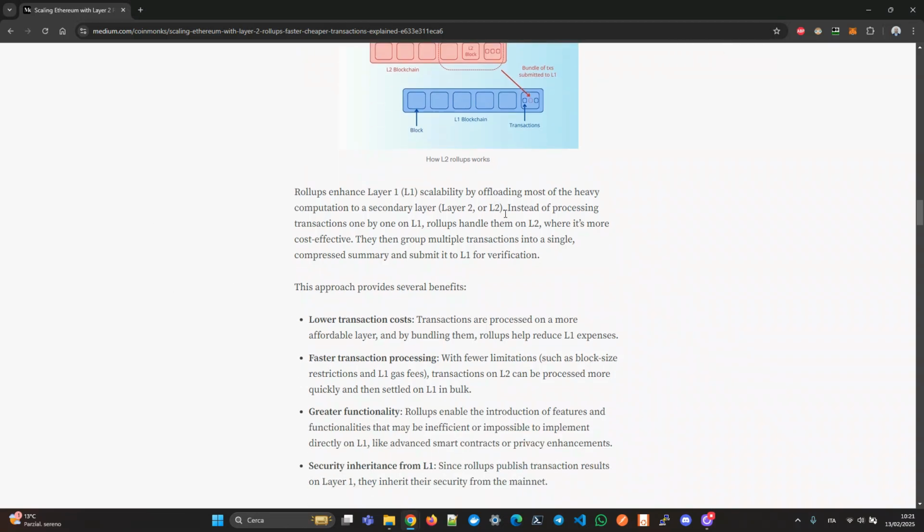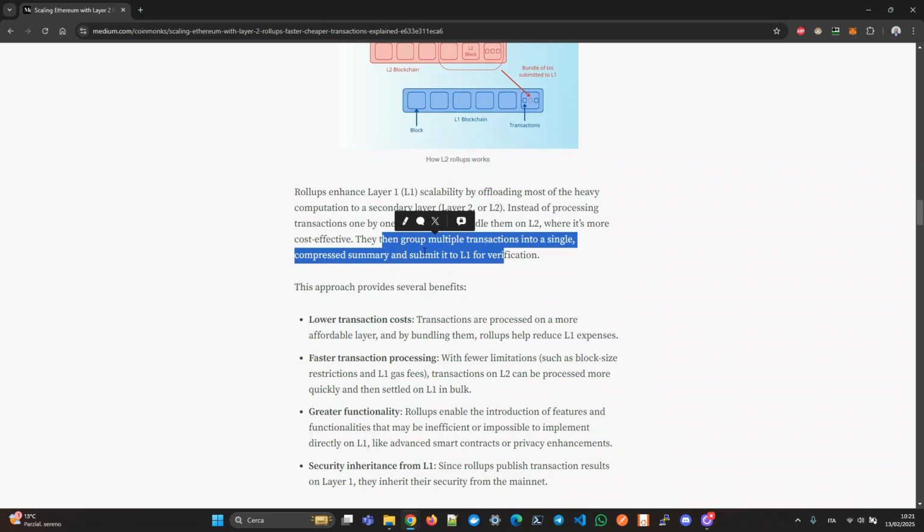So, as we said earlier, instead of processing transactions one by one on layer 1, the rollups handle them on layer 2, which is more cost effective. Then they group multiple transactions into a single compressed summary and submit it to layer 1 for verification.